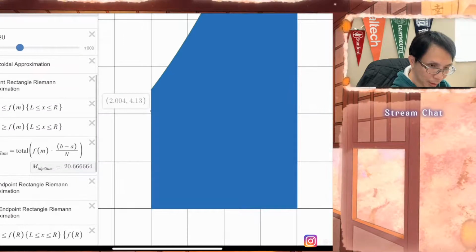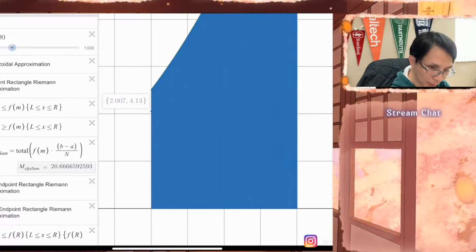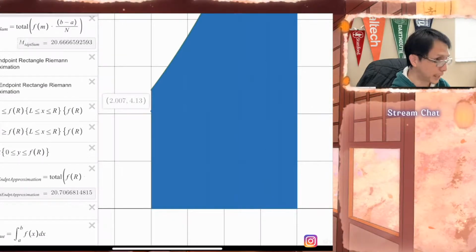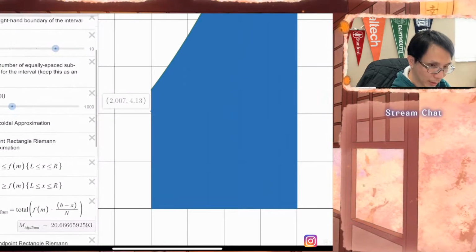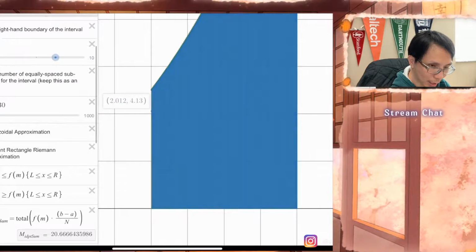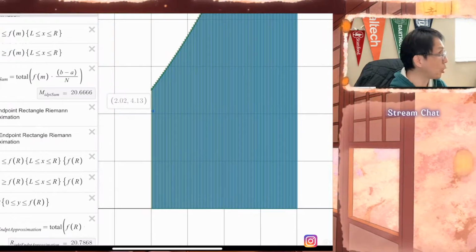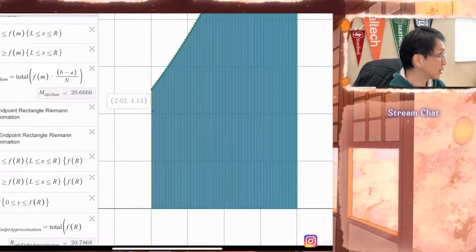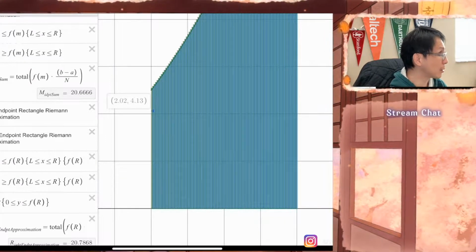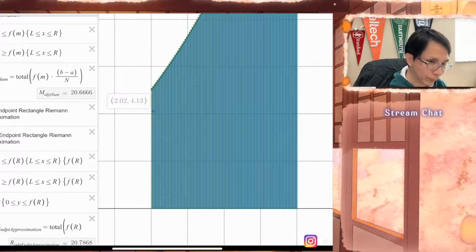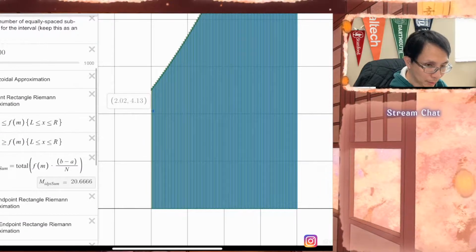Even 300 pieces is more accurate than 1,000 pieces, right? Let's go down to 100 pieces. 100 pieces is already more accurate than 1,000 pieces for the right end. So midpoint is really good, compared to the trapezoid.